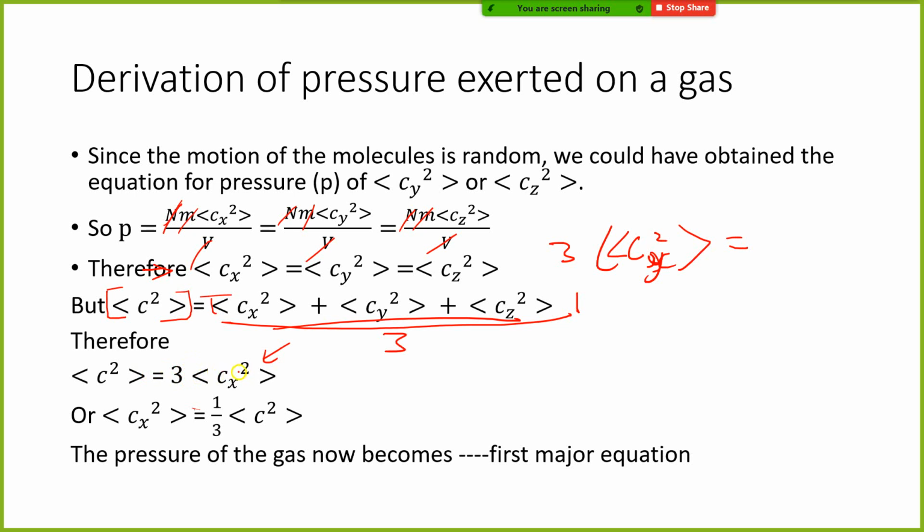By transposing the equation to make the mean square for the x-axis the subject, all I would have done is divide this side by 3. I'm now left with the mean square speed for the x-axis equal to 1/3 of the overall mean square speed.